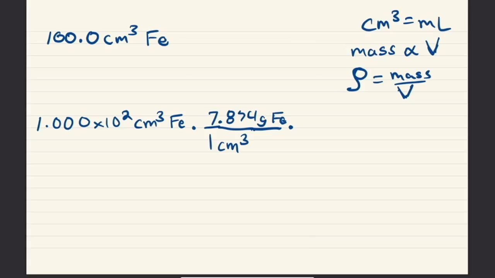But we are not done, because we can move from grams to 1 mole via the atomic mass of iron, which is 55.85. And now we have a two-step problem to get us the value we are looking for. 1 e to the 2 times 7.874 divided by 55.85.